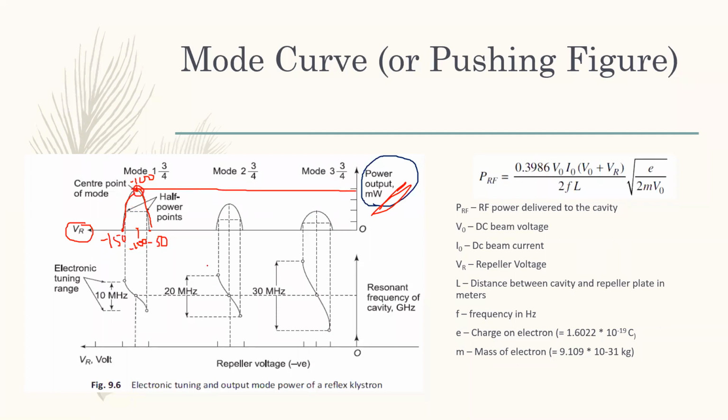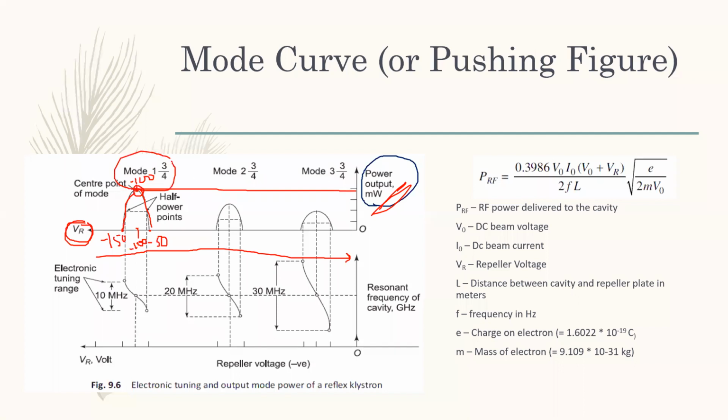Similarly, as I keep on making this repeller voltage more and more positive, that is, if I keep on changing it in this direction, I'll be getting different modes possible.